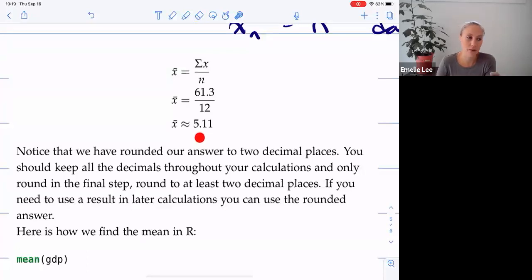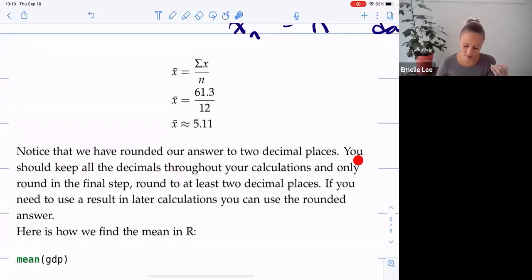Because I'm rounding. Notice that I've rounded the answer to 2 decimal places. That's arbitrary. Sometimes I'll tell you how many decimal places to go to, but definitely at least 2 is safe, right? 2 is kind of the minimum number of decimal places typically.